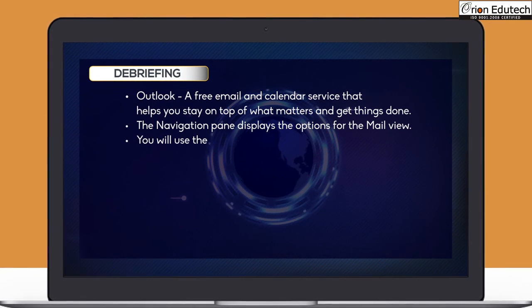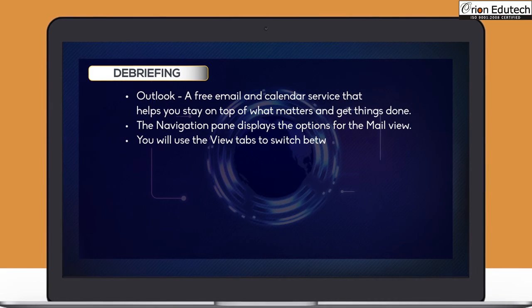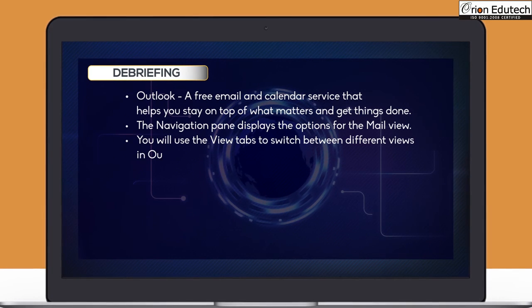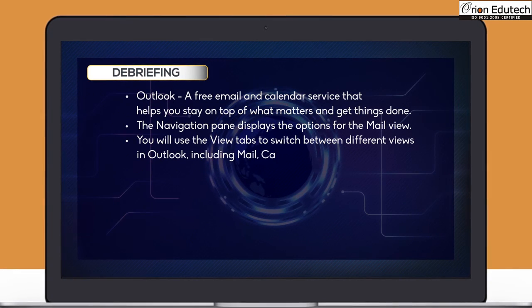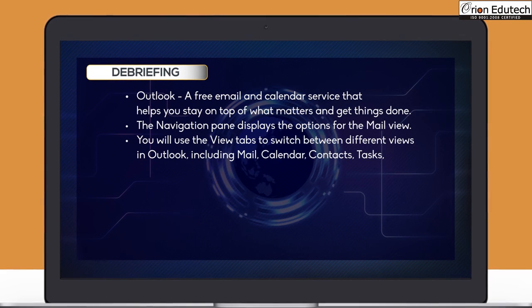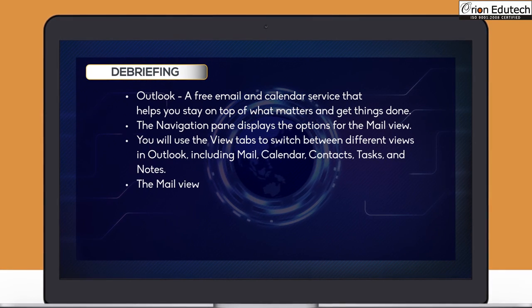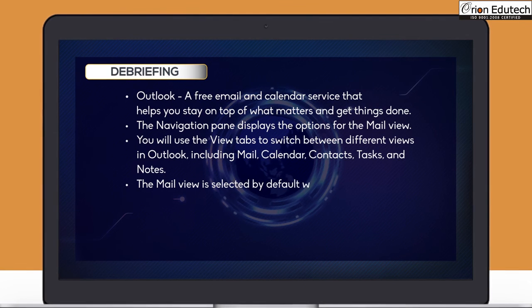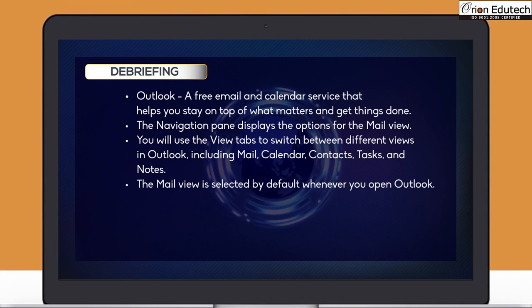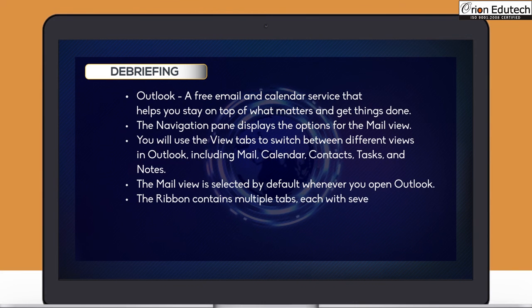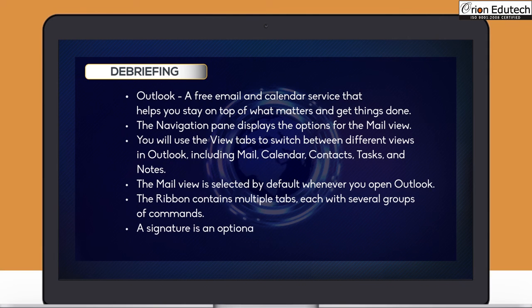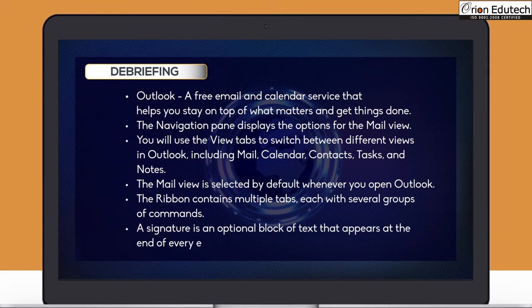You will use the View tabs to switch between different views in Outlook, including Mail, Calendar, Contacts, Tasks, and Notes. The Mail view is selected by default whenever you open Outlook. The ribbon contains multiple tabs, each with several groups of commands. A signature is an optional block of text that appears at the end of every email you send.